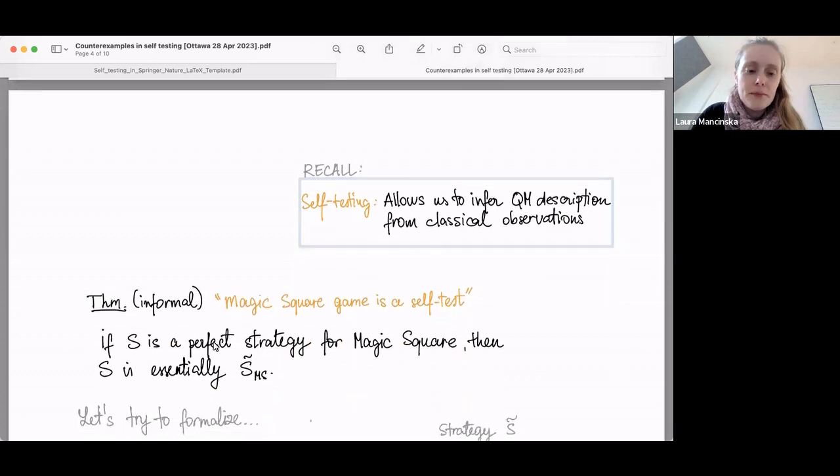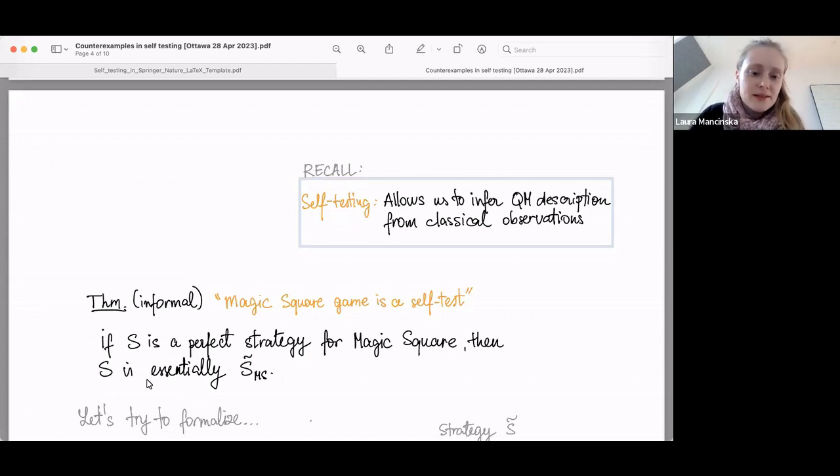So an informal self-testing statement for the magic square game would look as follows. It would say that if you have a perfect strategy S, I think of it as a triple: state, together with operators for Alice and operators for Bob. If you have a perfect strategy for magic square, then it is essentially this strategy that we just saw.